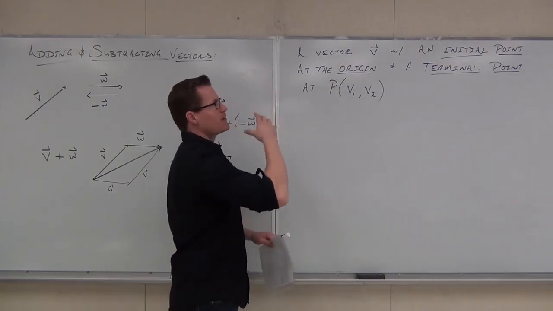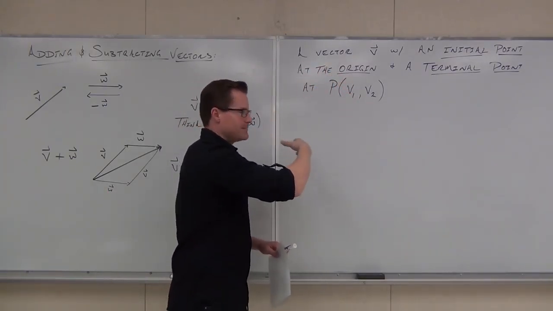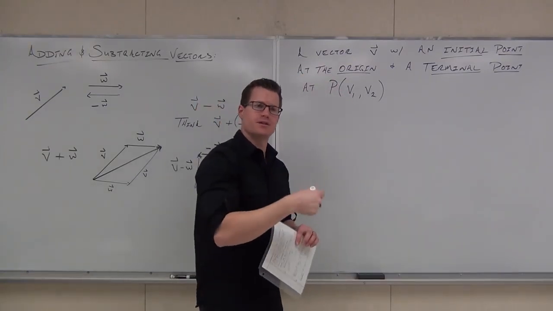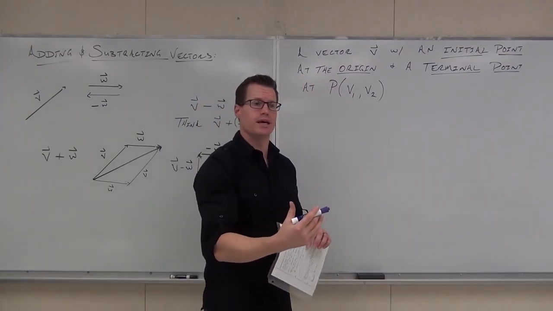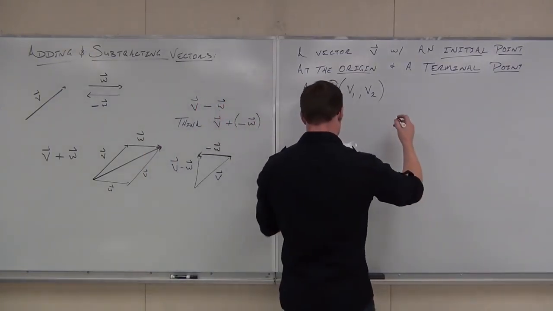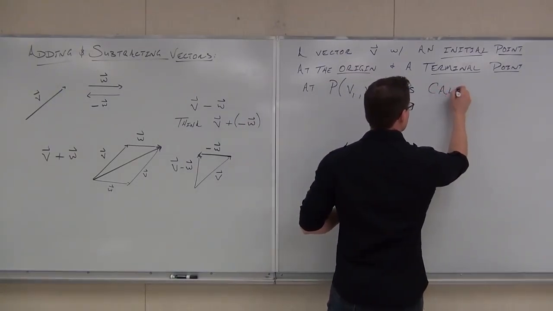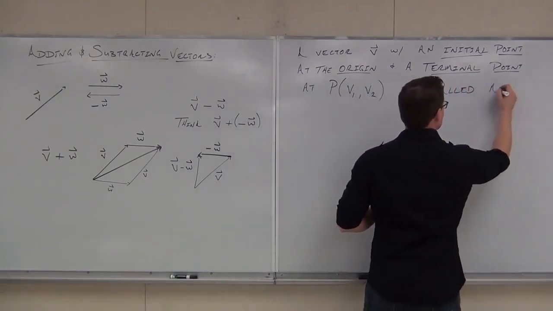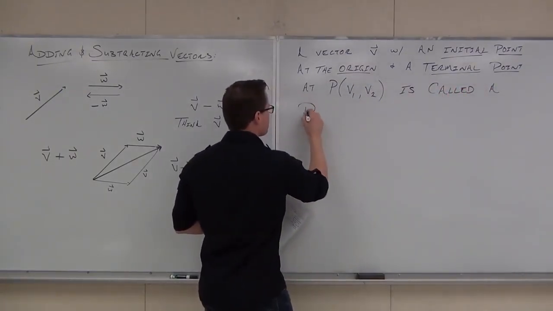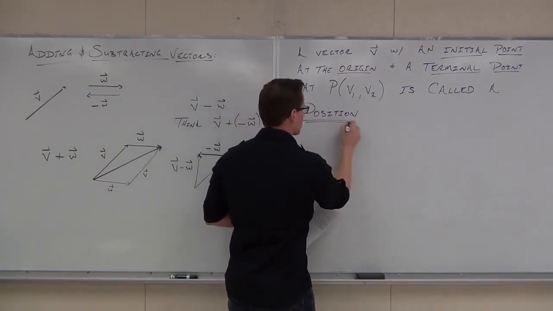So suppose we have a vector with its initial point at the origin, and a terminal point at some other point. This specific situation is called a position function. That's what we want. What did I say?